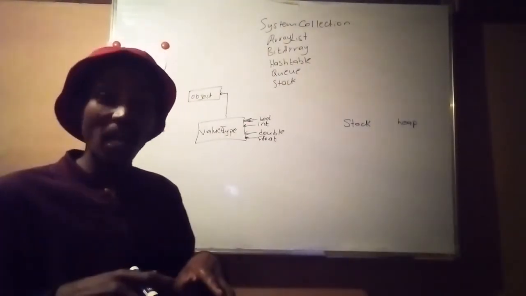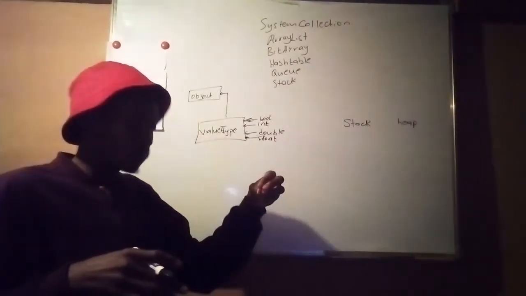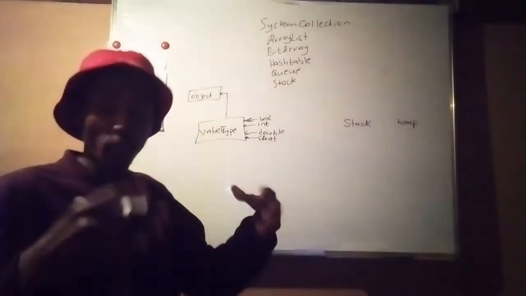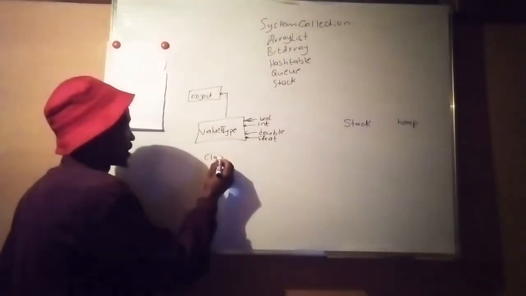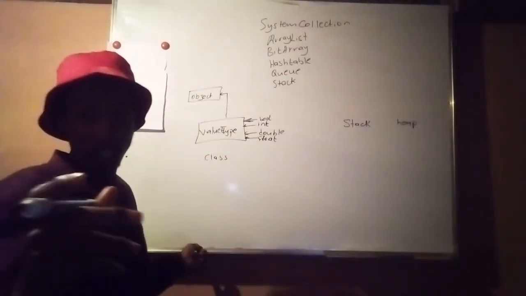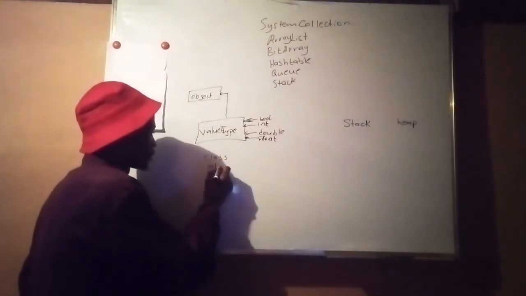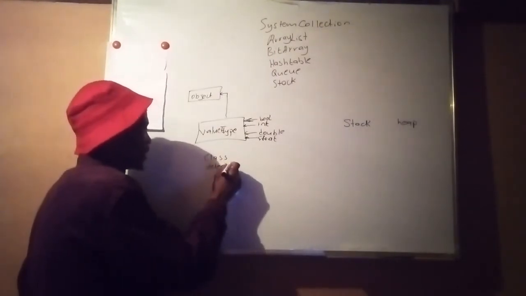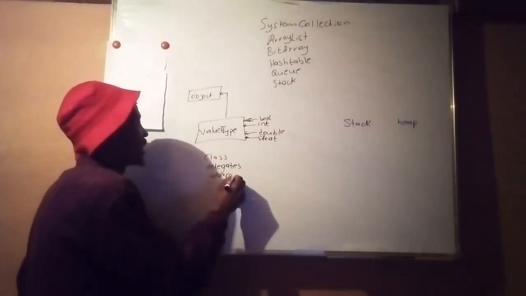When we talk about the reference type, we're talking about classes, including the custom classes that you will define. We are talking about delegates. We're talking about interfaces. So these are reference types.